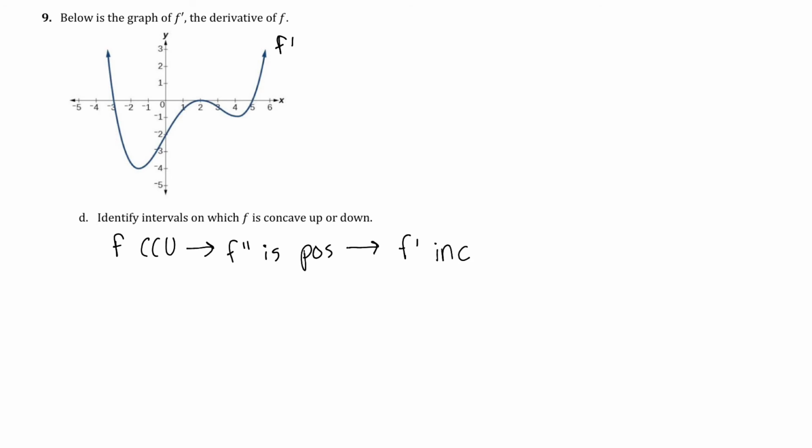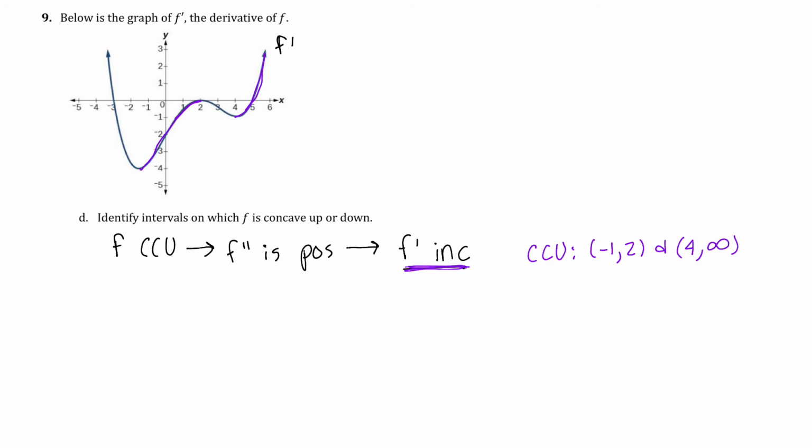This is the same concept we talked about before. So we're looking for places on the graph where f prime is increasing. We are increasing here, and we are increasing here. So we are concave up from -1 to 2, and from 4 to infinity.